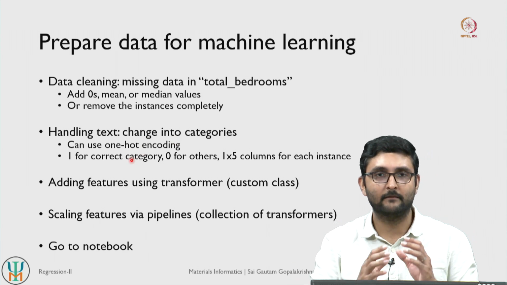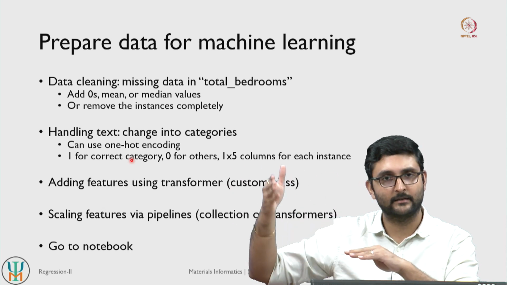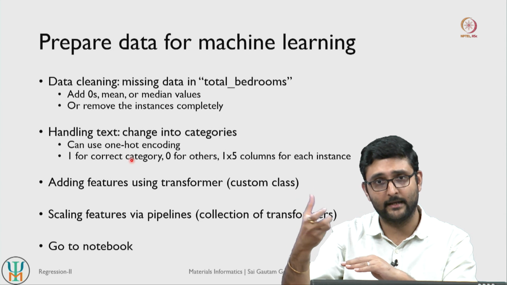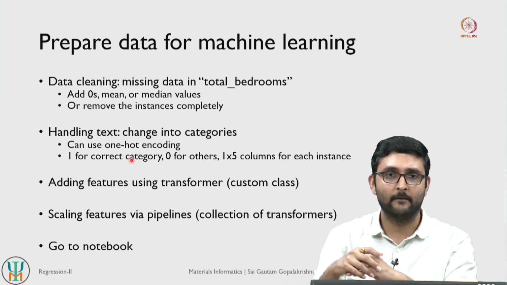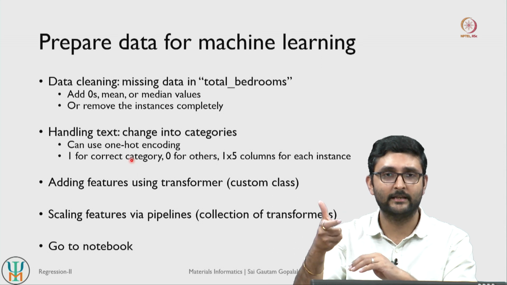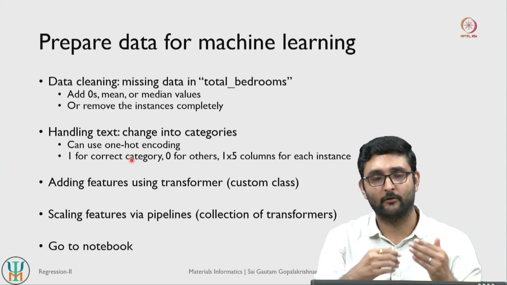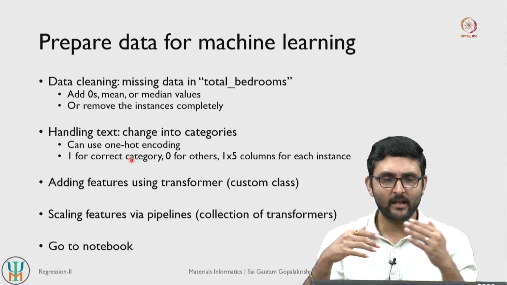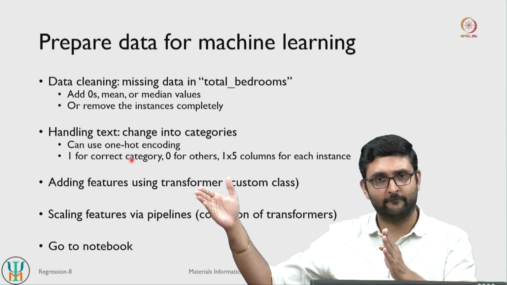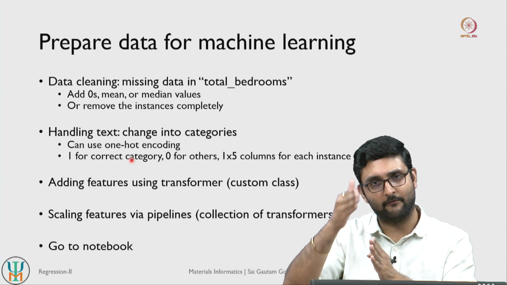So basically we will convert this text attribute into 5 columns. There are 5 different types of text that the location feature can take, and for each of those we will assign a value of 1 or 0 depending on which one is actually occurring for that instance. So for example, if a locality is situated inland, there are 5 possible text features, 5 possible columns, and only the inland column will have a value of 1.